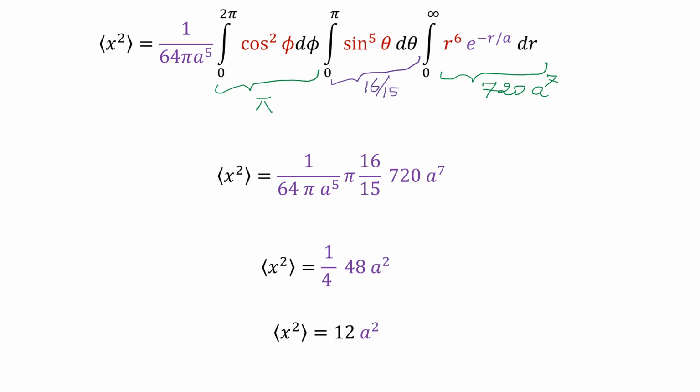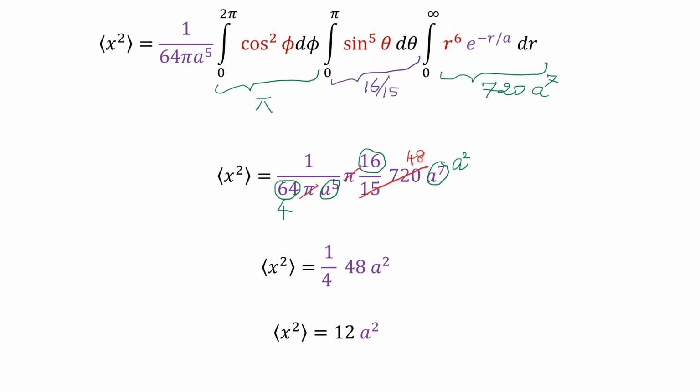Now you can cancel out some of the terms. First you can take this 16 and 64, you will get 4. And next, this pi and this pi will get cancelled. And this a power 5 and this a power 7 will become a squared. And this 15 and this 720 will become 48.